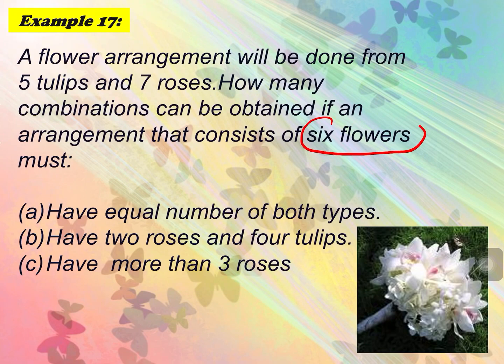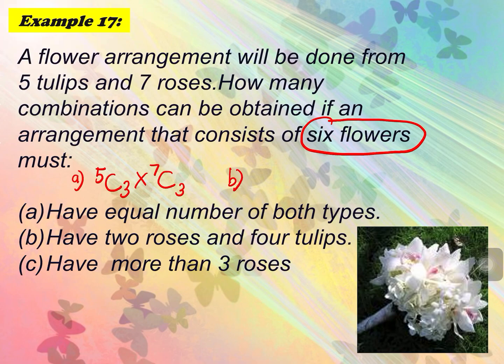We only want to choose 6 flowers. So equal number of both types means that from 5 tulips, we pick 3 tulips, and from 7 roses, we pick 3 roses to make an arrangement of 6 flowers.